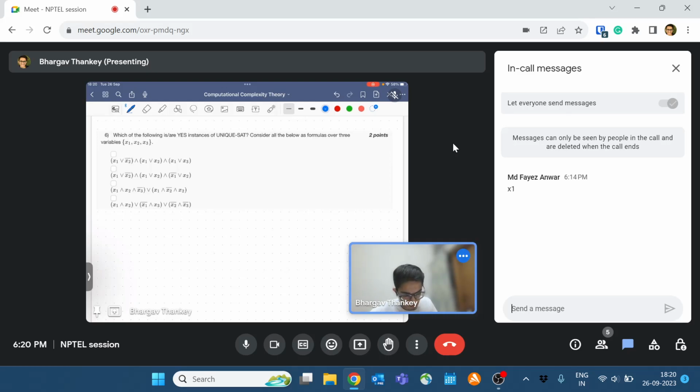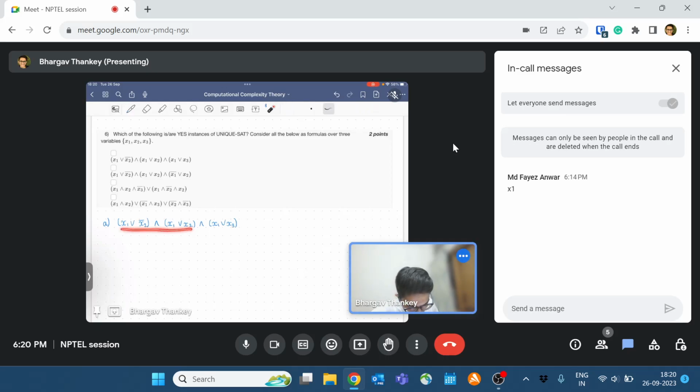So let's look at all four options. A is (x1 or x2 complement) and (x1 or x2) and (x1 or x3). Just as in the previous question, we can simplify this.